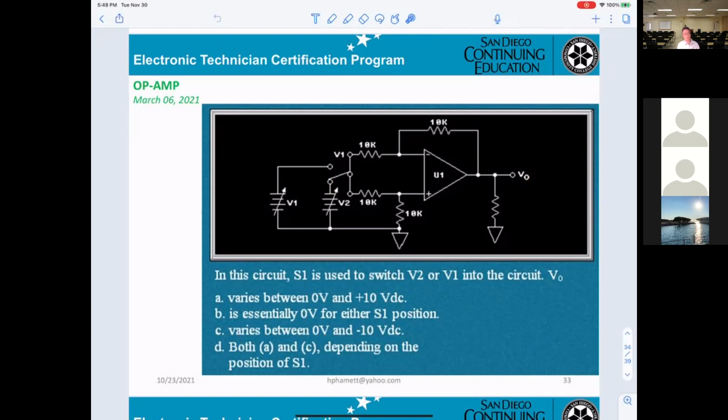Zero. 0, correct. The thing is, when they connect to V2, V1 equals V2 and the positive input is also V2.